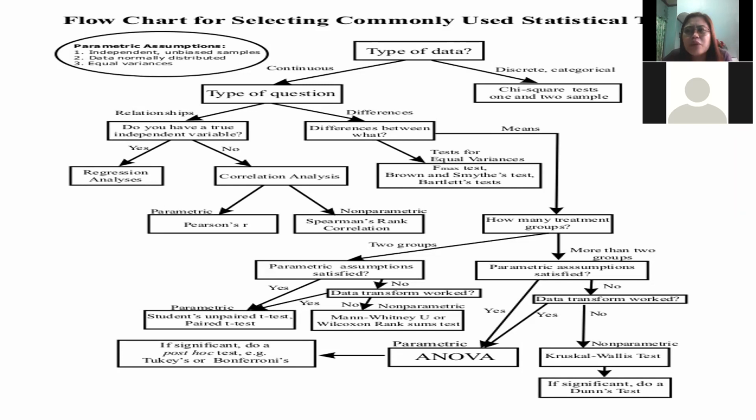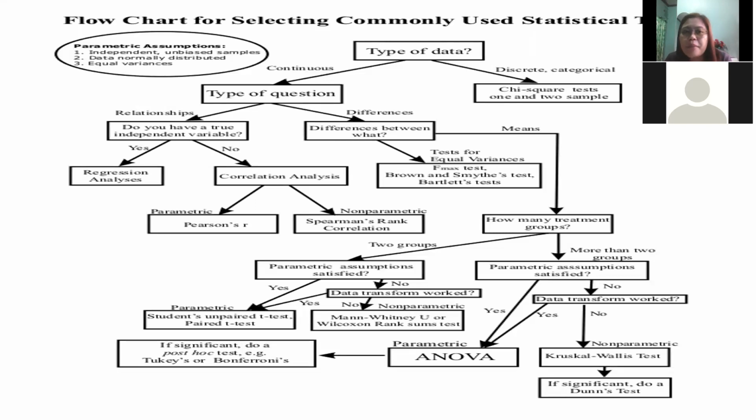So naabatan na to, independent variable din ha sa inyong conceptual framework. Nga tinuod ha na independent variable. So kung yes, we will be using regression analysis, but pag walay true independent variable.